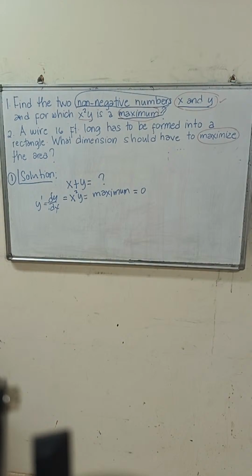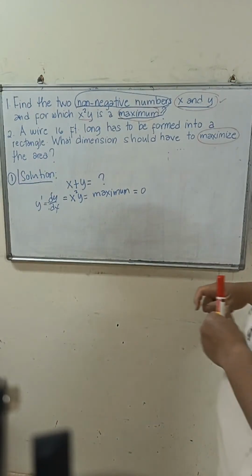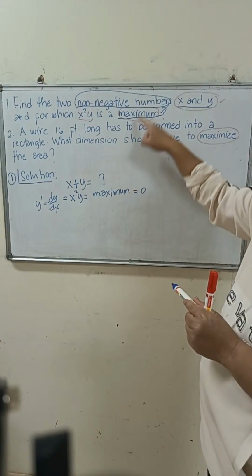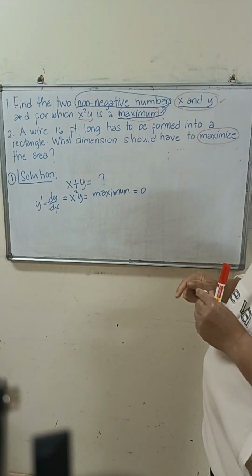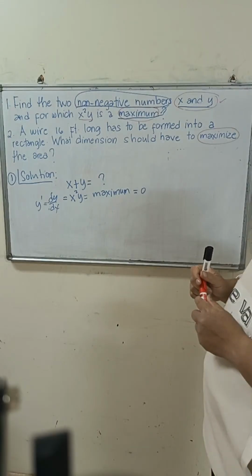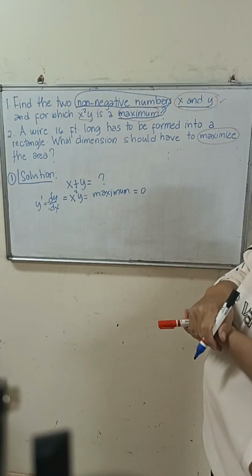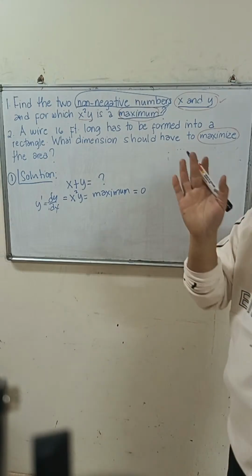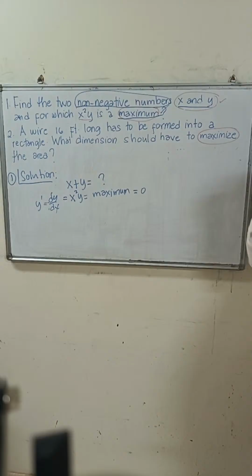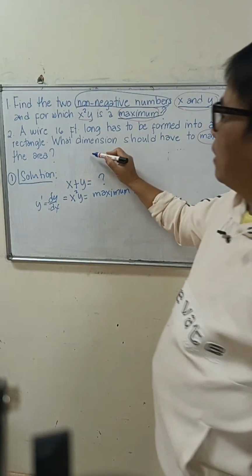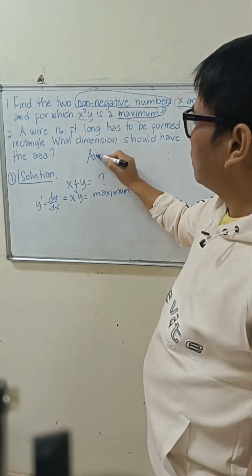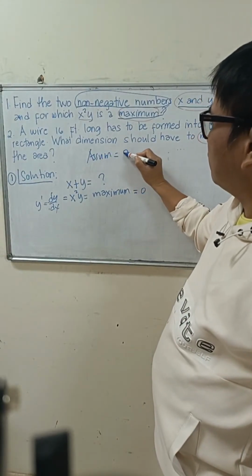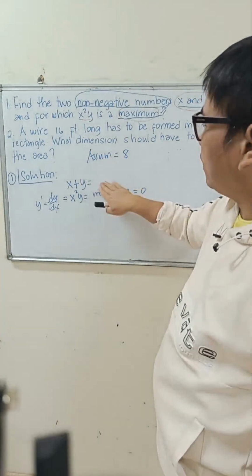Now, since we don't have the total of these two numbers, we can assume any total of these two, x and y. If the problem is like this, you need to assume any number for the total of x and y. Let's say we assume x plus y is equal to 8.